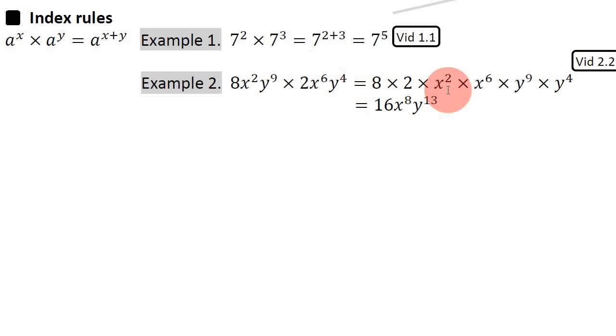Multiplying the x's together, x squared times x to the power 6, that's x to the power 8. And multiplying the y's together, y to the power 9 times y to the power 4, is y to the power 13, because 9 plus 4 is 13. So basically, 8x squared y to the power 9 times 2x to the power 6 y to the power 4 is equal to 16x to the power 8 y to the power 13.